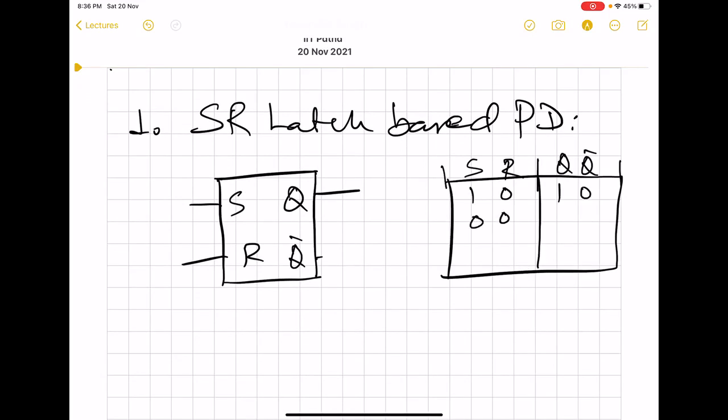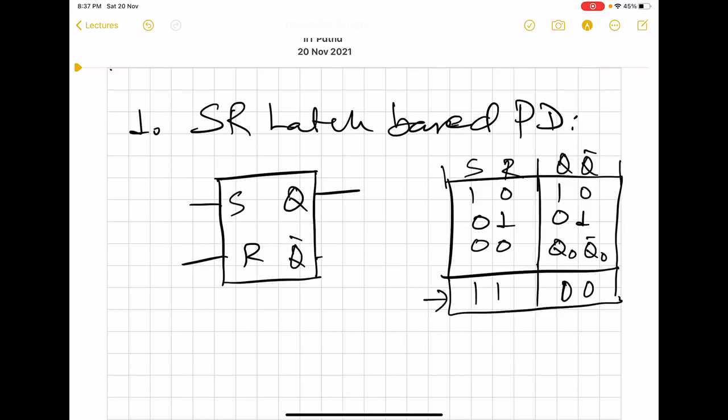When we have 01 input, we get 01. When we have 00, we get the previous output remains unchanged, and when we have 11, we actually get 00 output. But we will see that this fourth input is avoided.